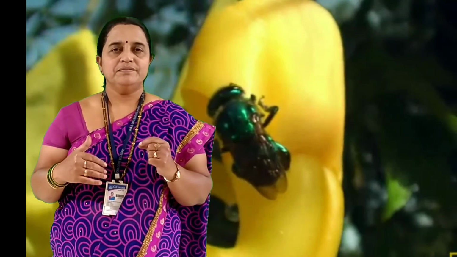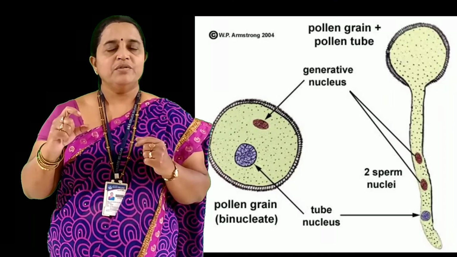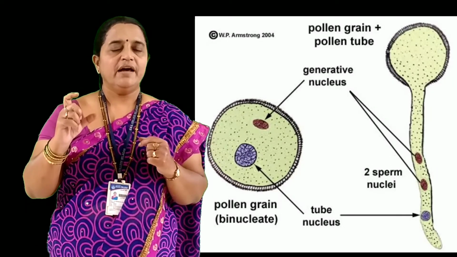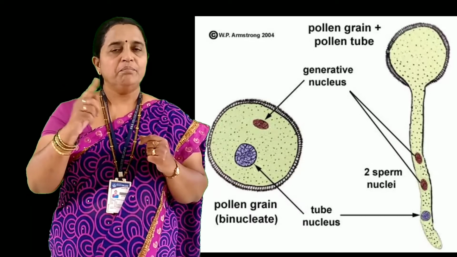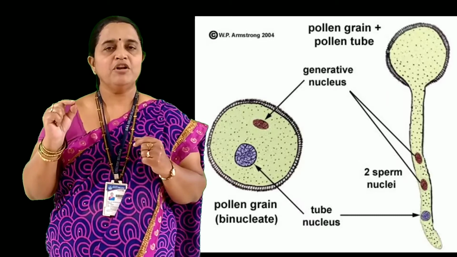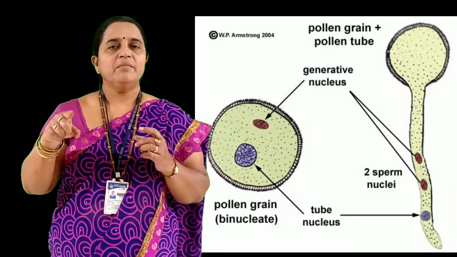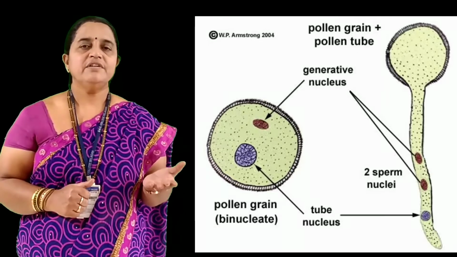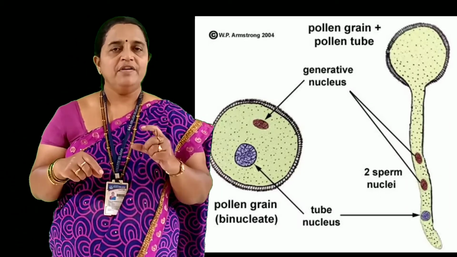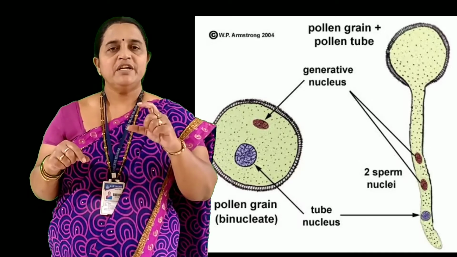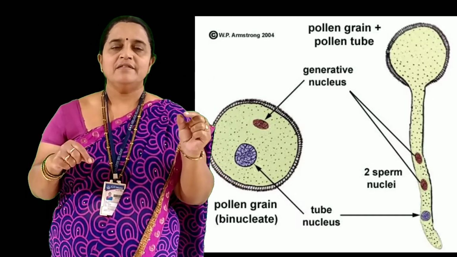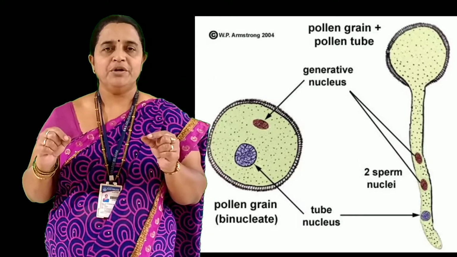In step 2, as we already know, the pollen grain is a two-celled structure. It has a vegetative cell with a big irregular-shaped nucleus and a generative cell with a small nucleus. It is covered by two layers, exine with the germ pores and intine, which is continuous. Now here in the second step, the vegetative cell starts germinating through the germ pore as a tube, and this we call the pollen tube.